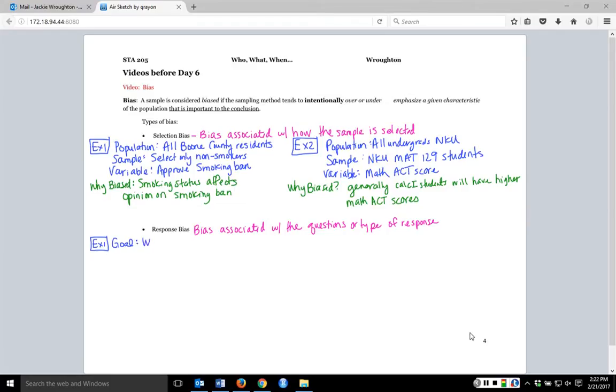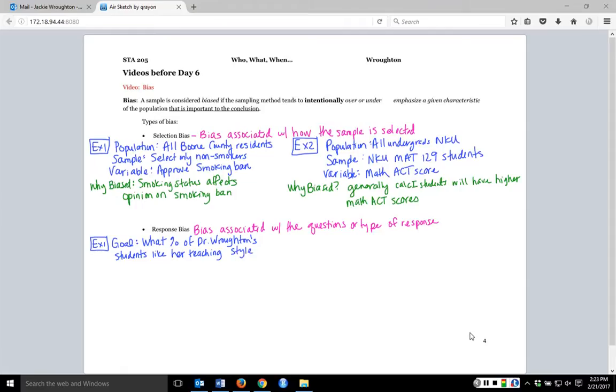So my goal is to figure out what percent of my students, so Dr. Roten's students, like my teaching style. So that's my goal.